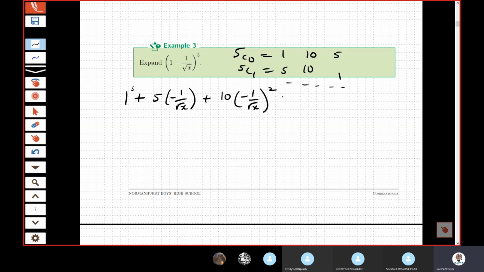Do you guys get that? Because technically there's a 1 cubed there, but I'm not going to write it too much. 1 squared, and then negative 1 root x power of 3, plus 5, negative 1 root x power of 4, plus negative 1 root x to the power of 5.